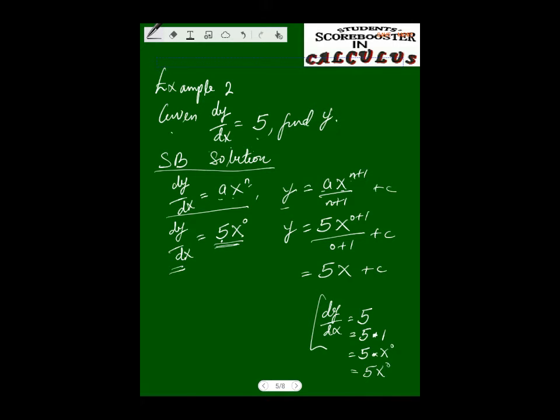Okay, now the solution, from the general formula, is y equals ax raised to power n plus 1 over n plus 1 plus c. So now we have 5, which is our a. Remember, this is a and this is n.